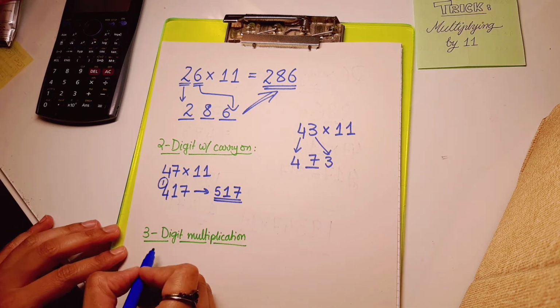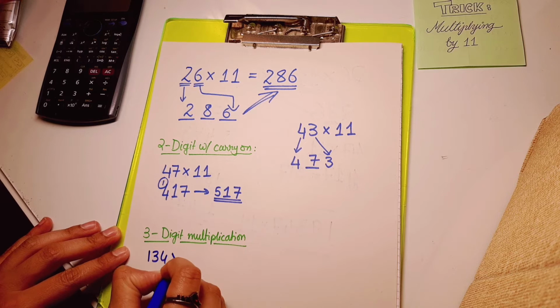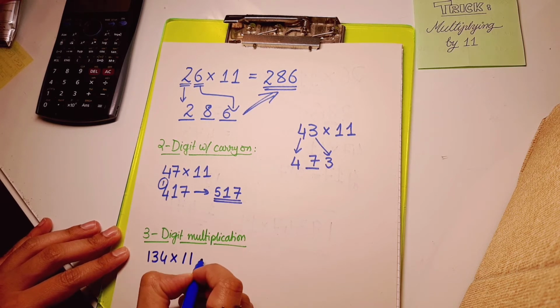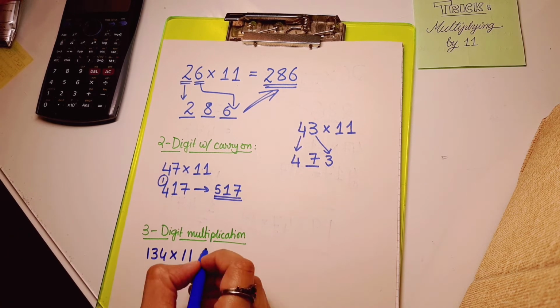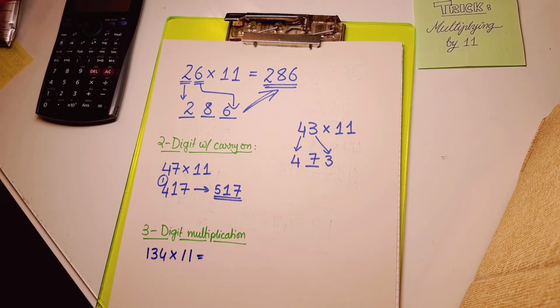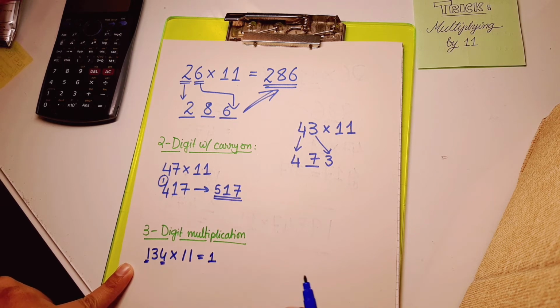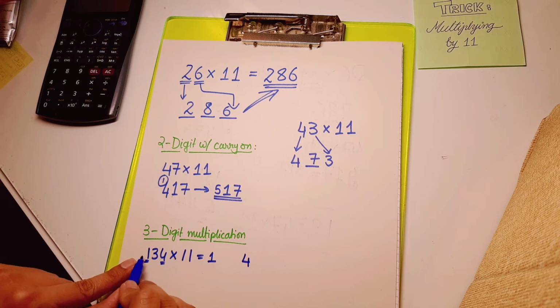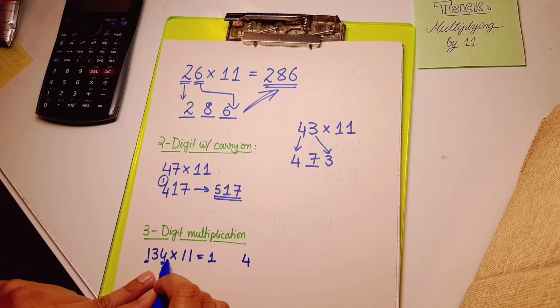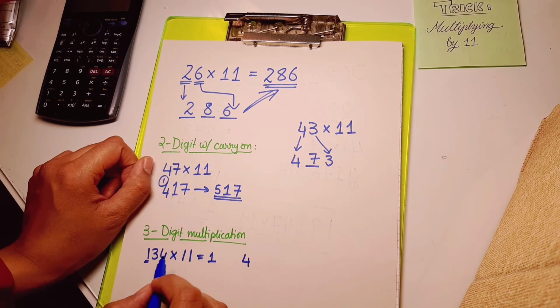So we have 134 multiplied by 11. And what do we do? We write down the end numbers. So that would be the 1 and the 4. We just write it down like this, right? So the topmost number and the lowest number, which is 1 and 4 in this case.